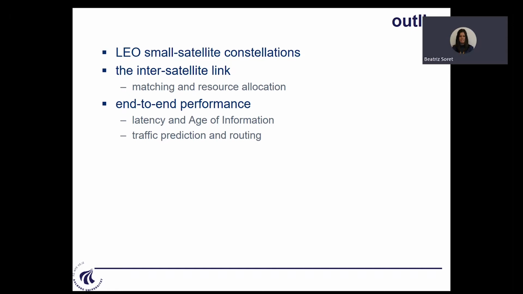And then I will go a bit more into technical topics, and talk a little bit about the inter-satellite link and how the resource allocation is challenging in this link. And then the last part, a little bit about end-to-end performance, latency and age of information, and then a little bit about routing in LEO constellations.